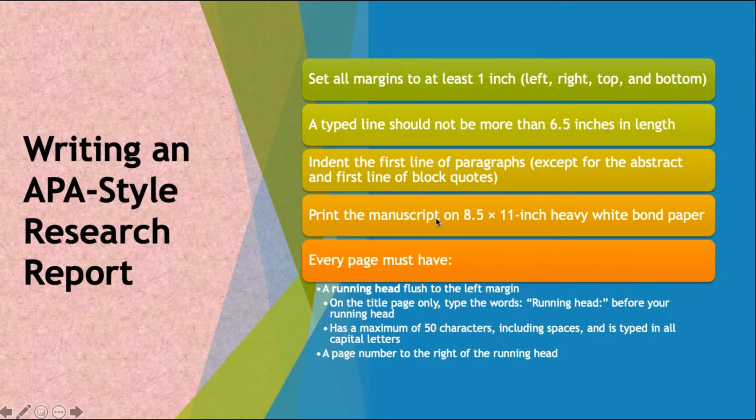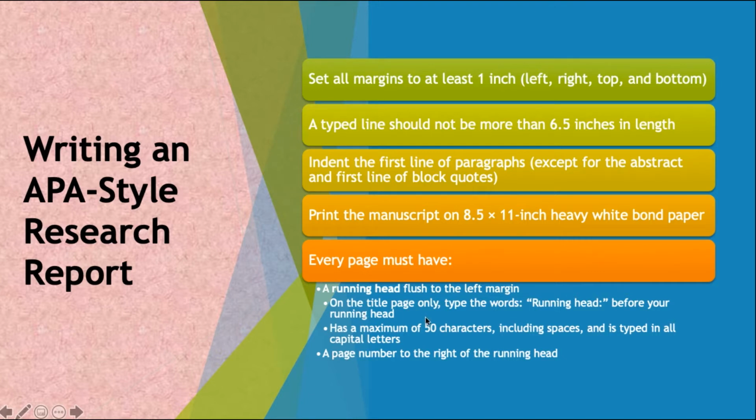Print the manuscript on 8.5 by 11-inch heavy white bond paper, and on every page you have to have a running head flush to the left margin.